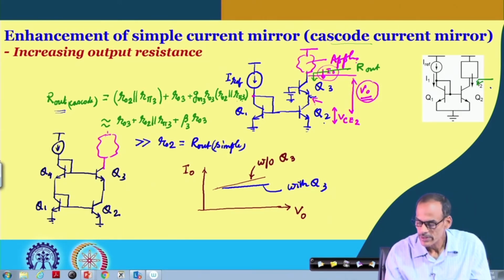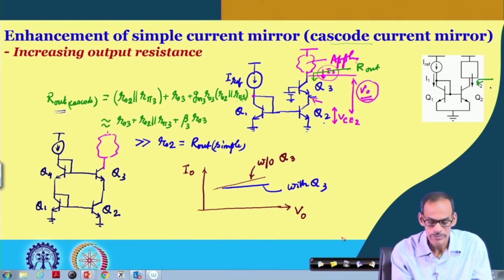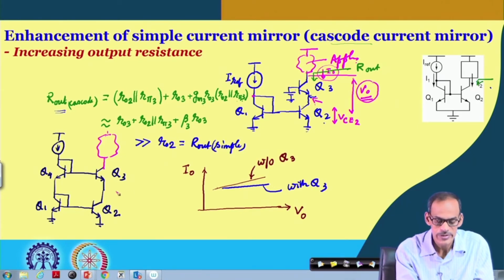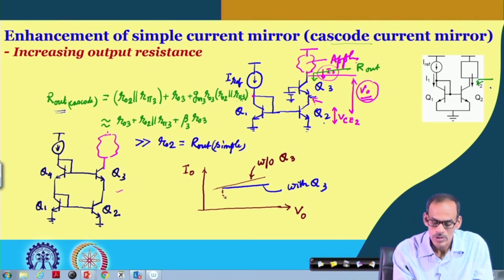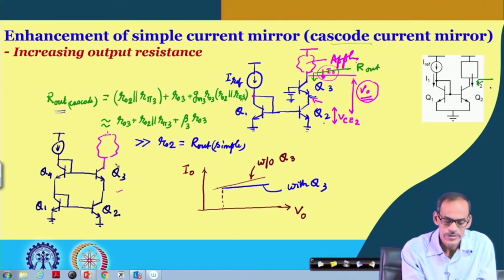Now, if I compare the two circuits, definitely I am getting higher resistance in this case, but the only drawback is that the minimum required voltage to get this benefit is higher.